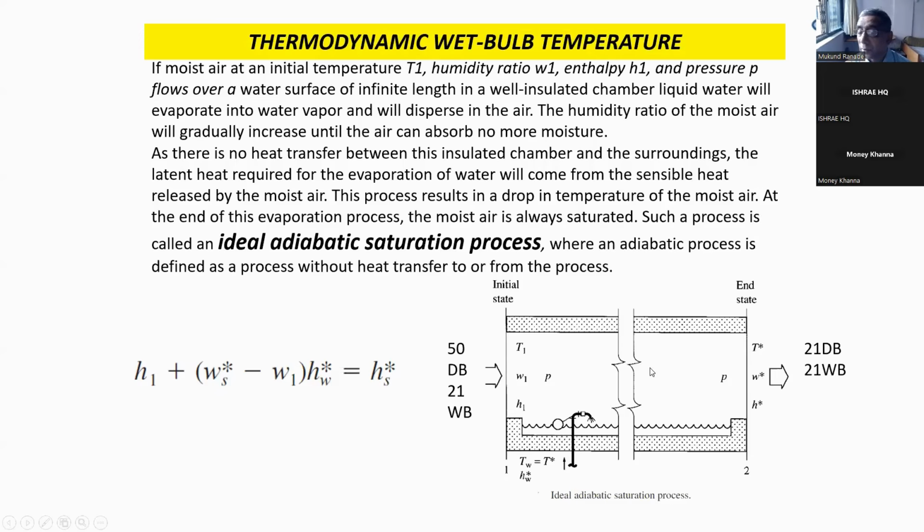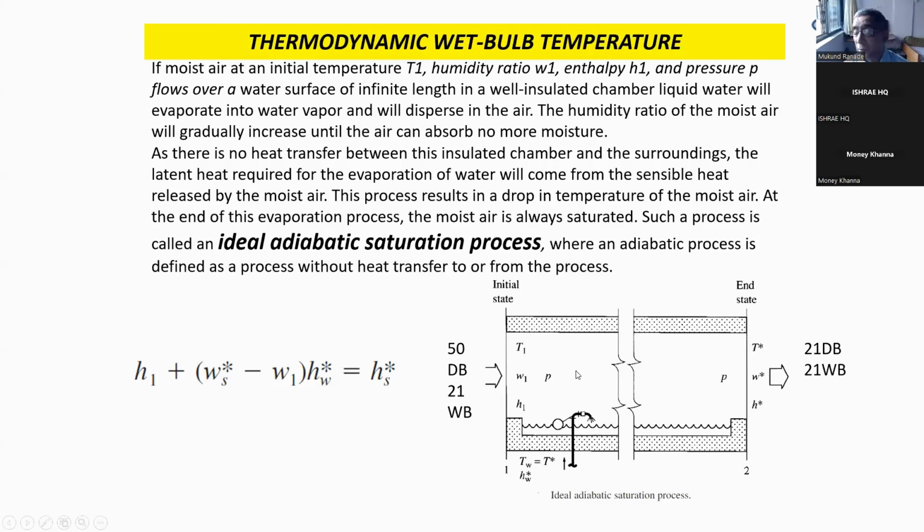Then we call that the wet bulb temperature of the air entering the infinite length duct. So if I have 50 degree dry bulb and 21 degree wet bulb, since no heat is coming in or going out in a completely insulated vessel, what is the addition? The addition is only a small amount of water.